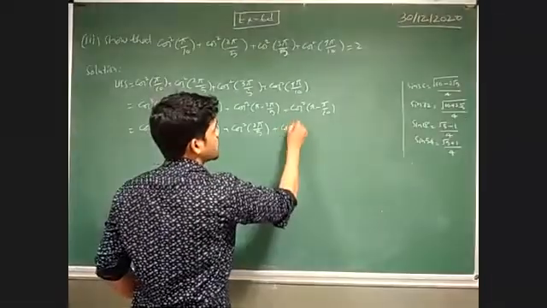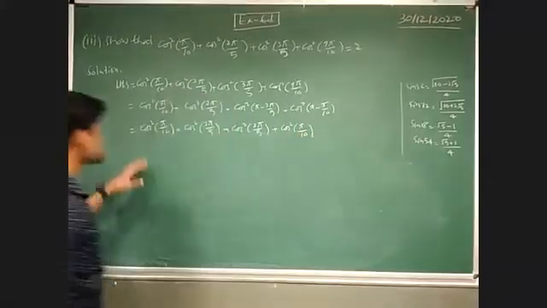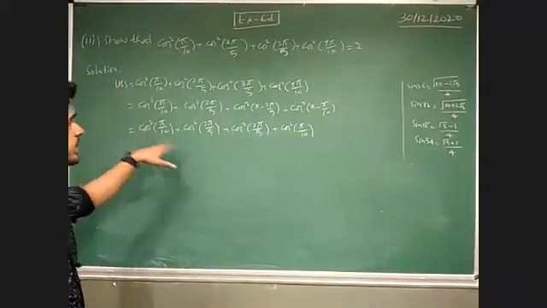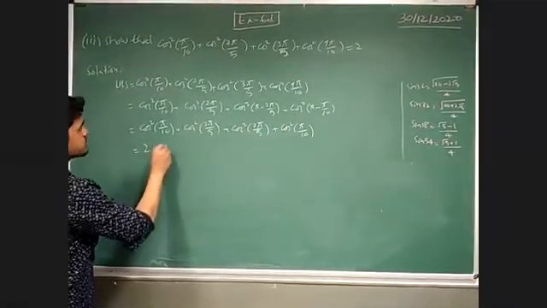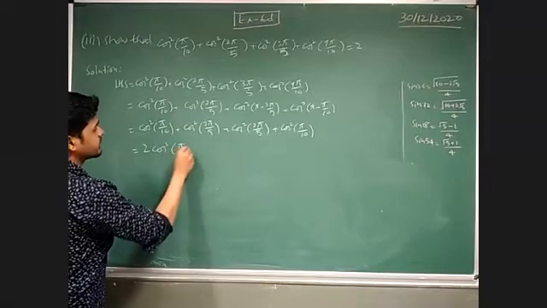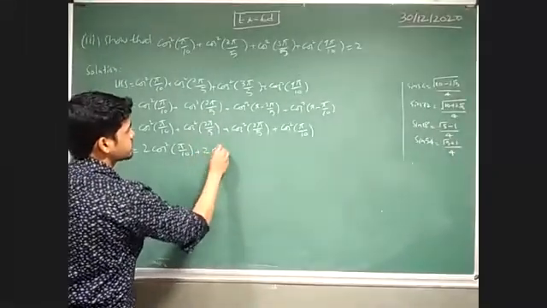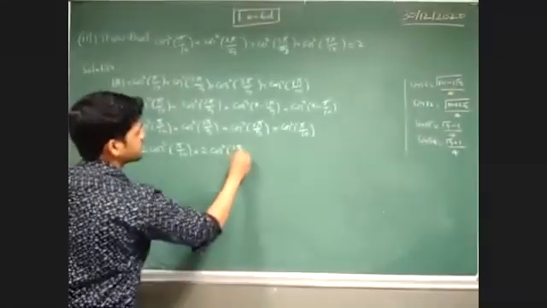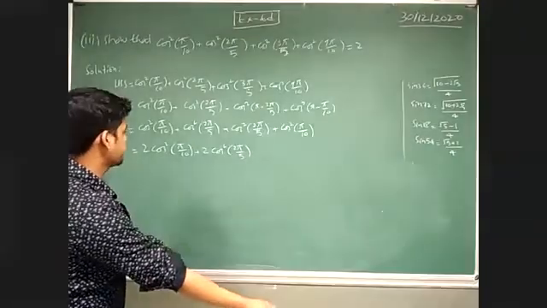So cos square pi by 10. Now see here, we have cos square pi by 10 two times and cos square 2 pi by 5 two times.